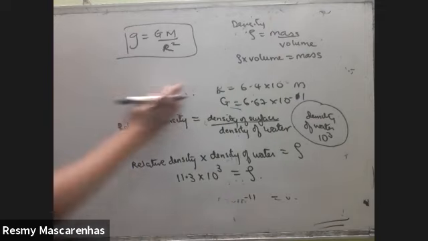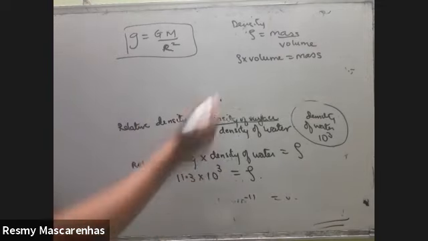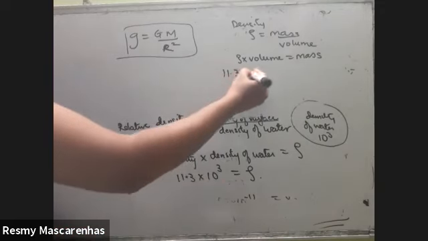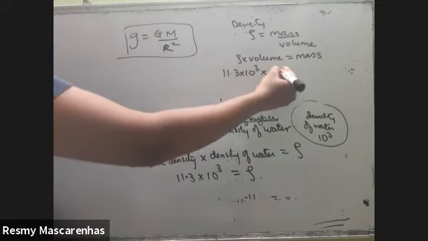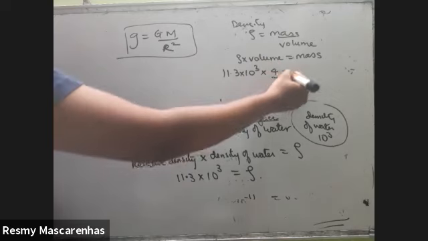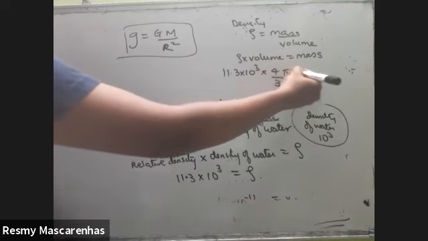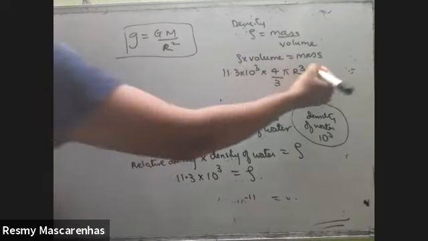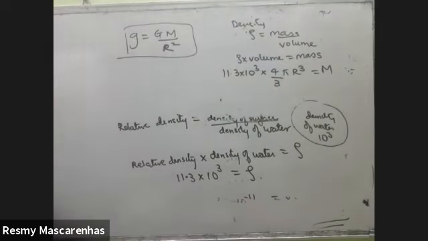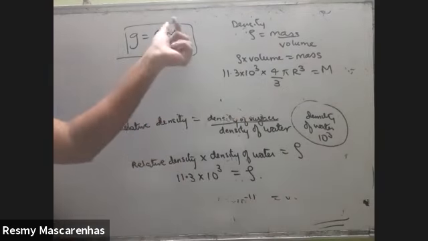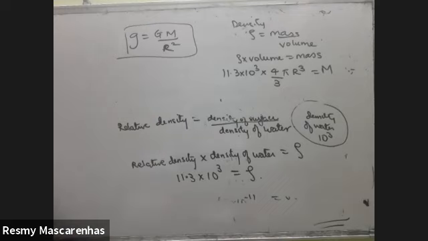We already know the density, 11.3 into 10 raised to 3. And volume is nothing but the volume of the earth. We assume it to be a sphere, so 4 by 3 pi r cube will be our mass. So put the value here while calculating the problem.